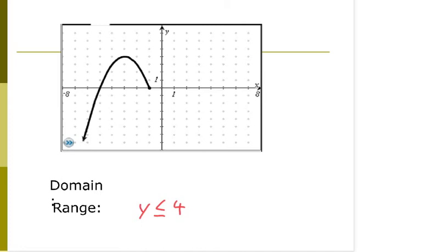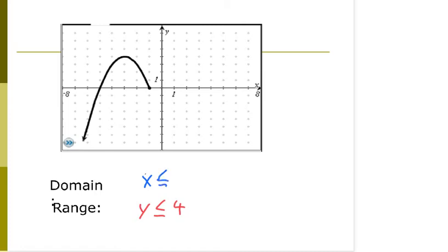Our x values have to be less than or equal to -1. So that would be our domain.